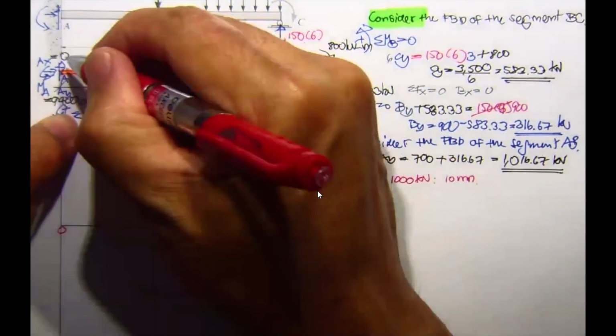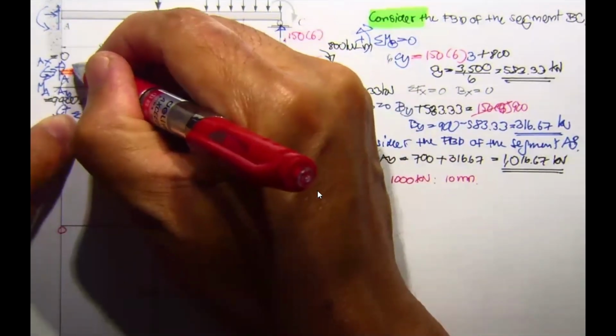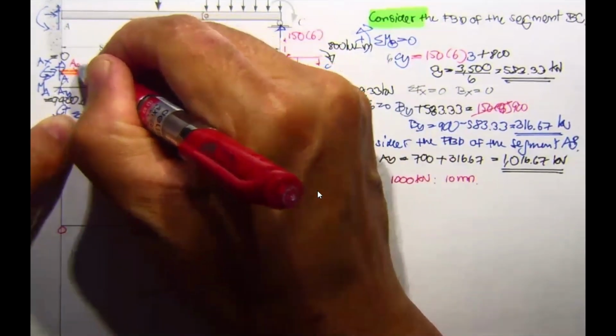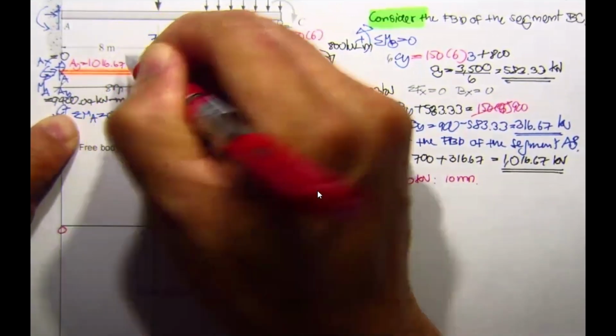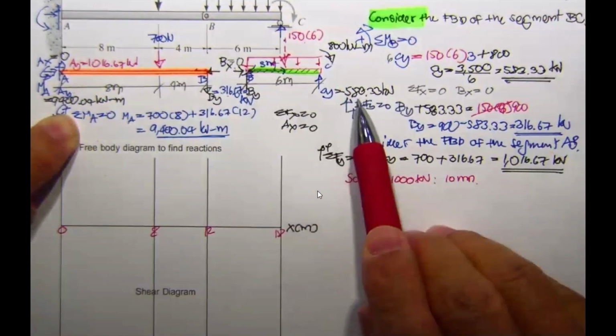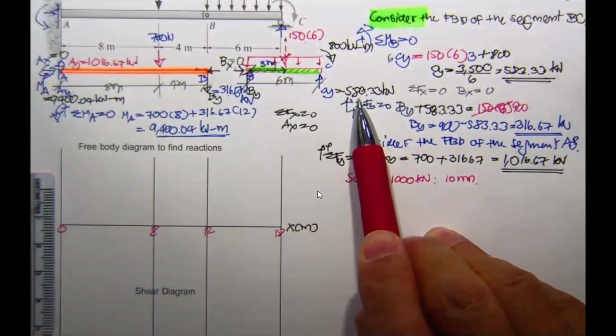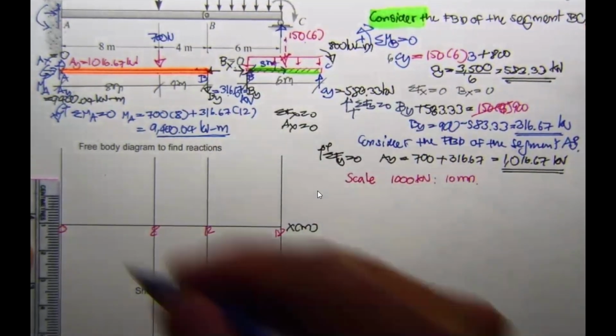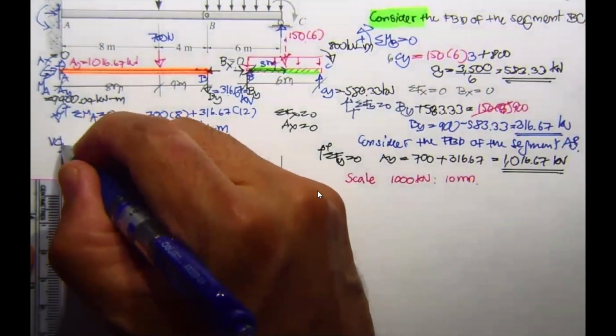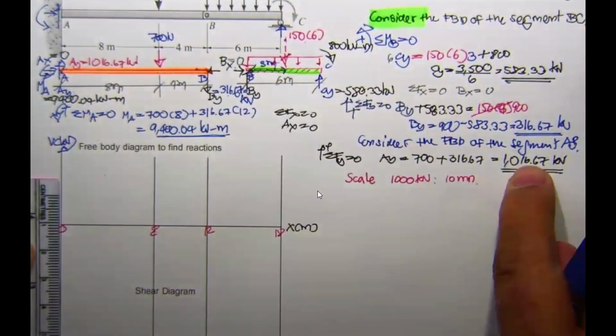This is going to be V sub A, which is 1016.67 kilonewton, larger than this one. That's going to be only 1 centimeter if you prefer. Then you should put this axis to be V in kilonewton.